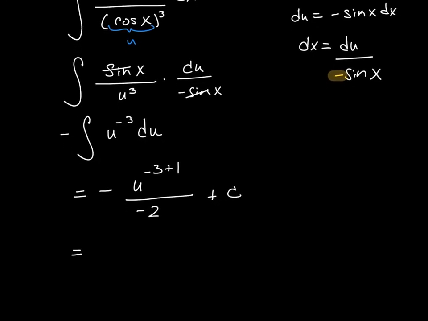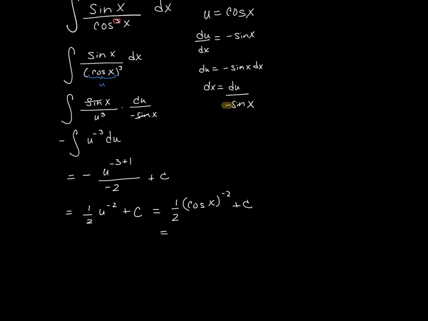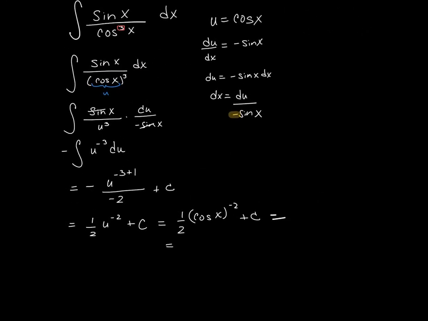And I'm just left with positive 1/2 u to the negative 2 plus my constant, and then I just replace that with 1/2 cosine of x to the negative 2 plus my constant, or there we go, let it equal 1/2 cosine squared of x plus c.